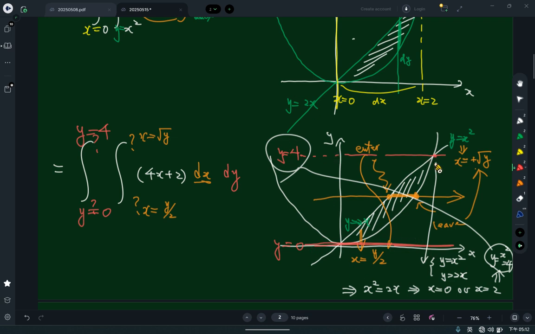For the 4, it is easy for you to get the intersection here is 2, 4. This point is 2, 4. This point is 0, 0. So it is easy to know y is from 0 to y is equal to 4. So you can reconstruct the integration form.